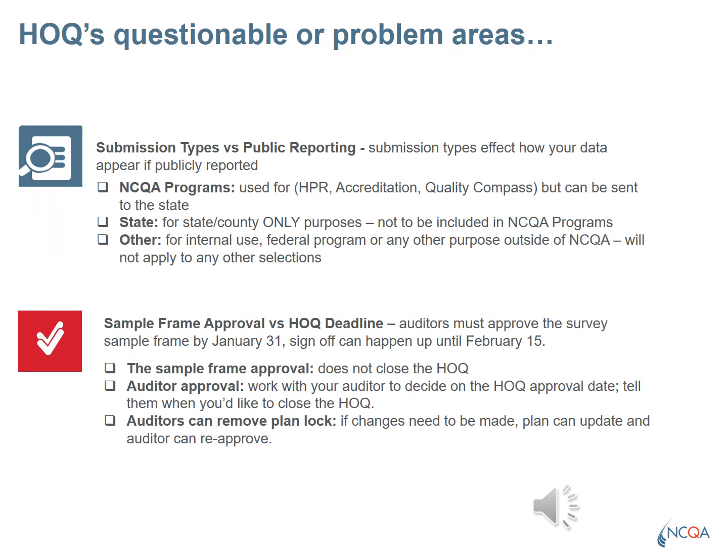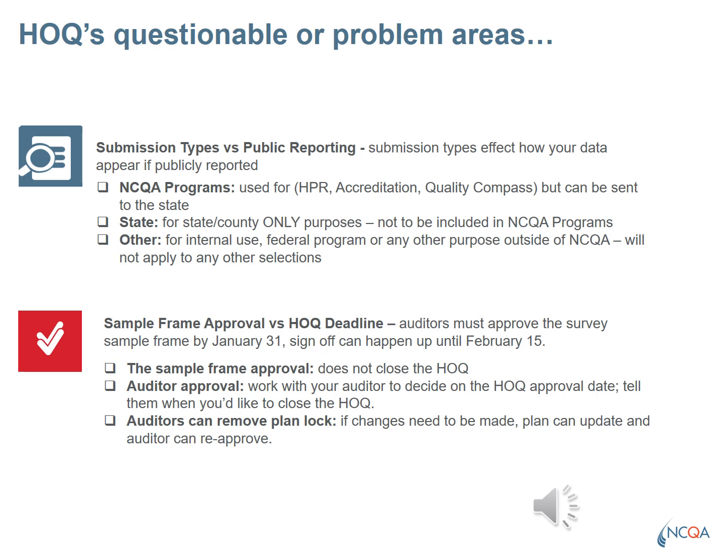Okay, so our questionable areas, the submission types versus publicly reporting. We want to bring out that for public reporting, the only submissions that you can publicly report would be the NCQA programs submission types. If you chose state or other, those are not submissions that we can have you publicly report.